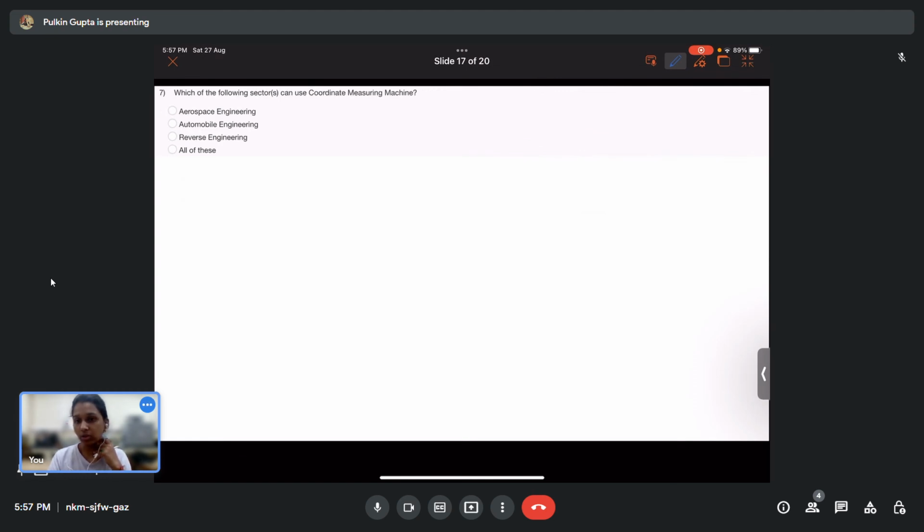The next question: which of the following sectors can use coordinate measuring machine? Aerospace engineering, automobile engineering, reverse engineering, or all of these? We had seen the applications of CMM.